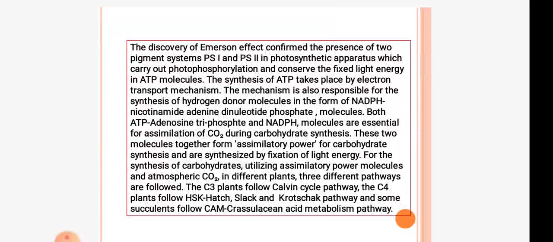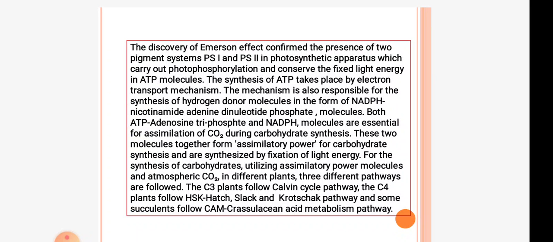The synthesis of ATP molecules takes place by electron transport mechanism. The mechanism is also responsible for the synthesis of hydrogen donor molecule in form of NADPH and ATP molecules.